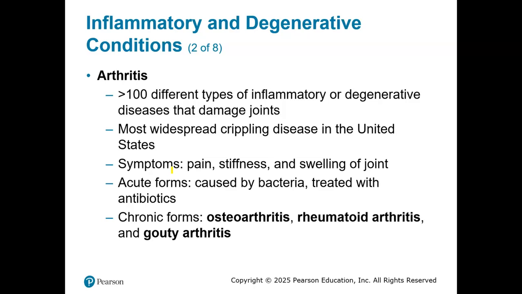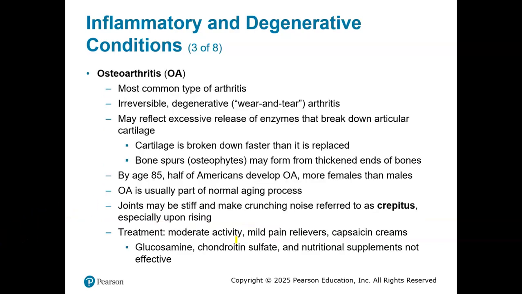Arthritis is technically defined as inflammation of a joint, but there's osteoarthritis, rheumatoid arthritis, and then there's gouty arthritis, which we call gout. Okay, so osteoarthritis is the most common type, and it's more like from wear and tear.